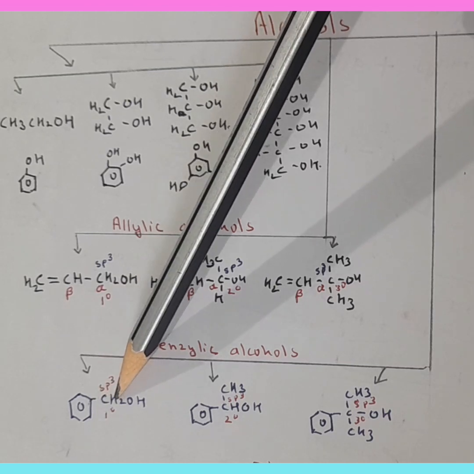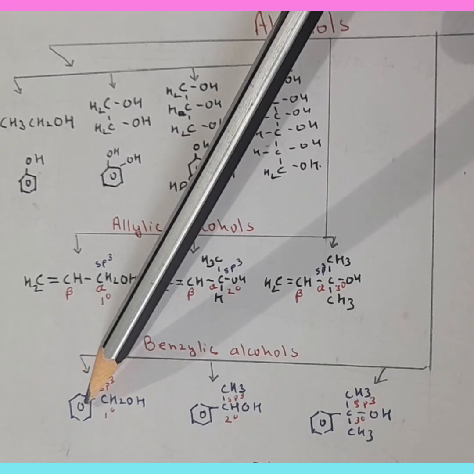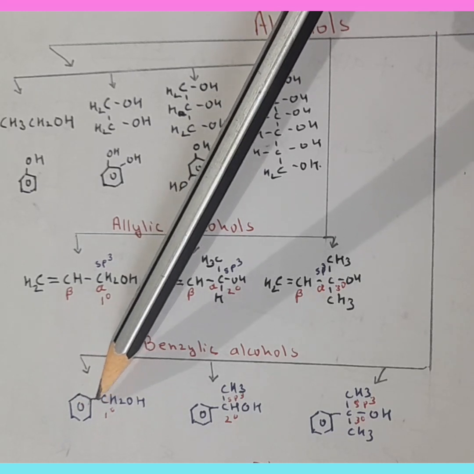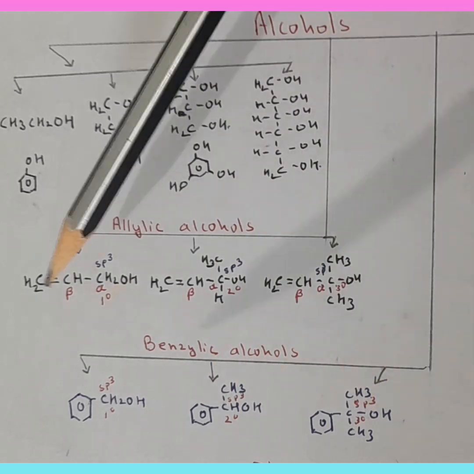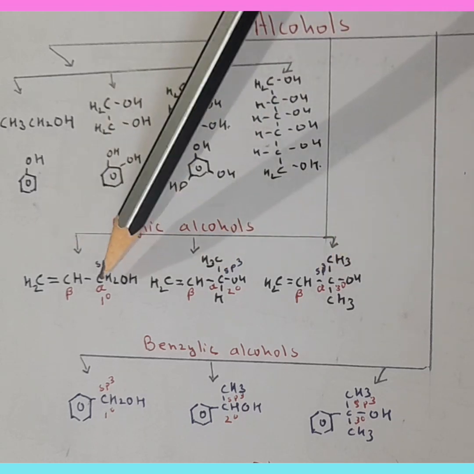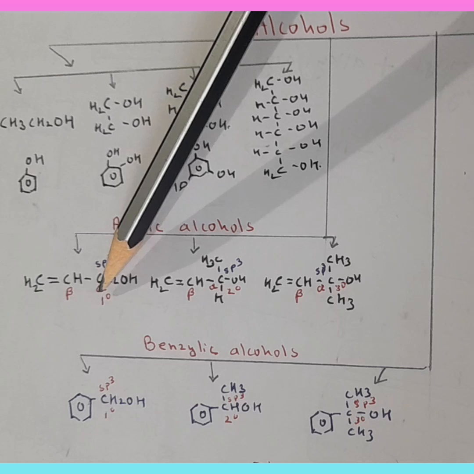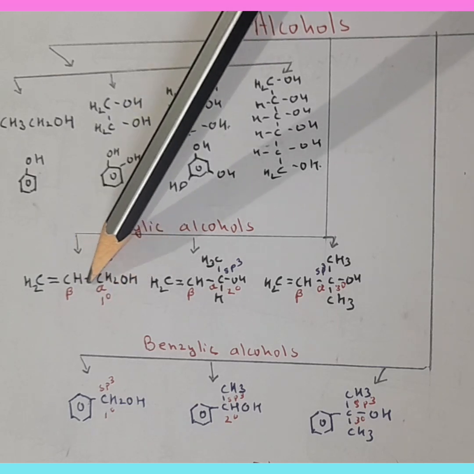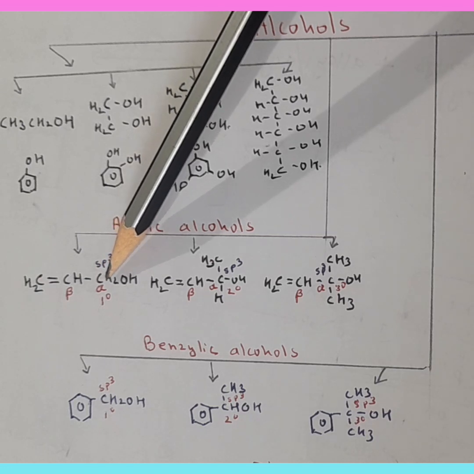Carbon, 2 hydrogens, 1 OH and another, this aryl group. So 4 groups attached, so sp3 hybridization. Now again here, these are also all sp3. Let's check this out. To this carbon, H, OH and this CH group are attached. So this again becomes sp3 hybridization.